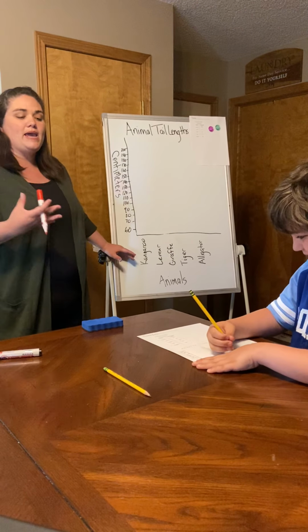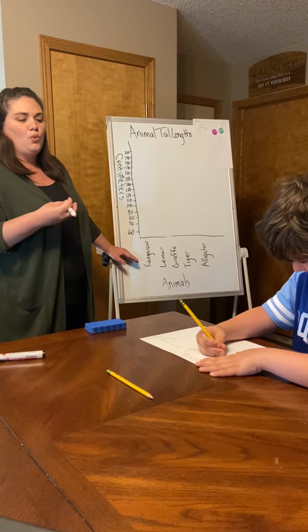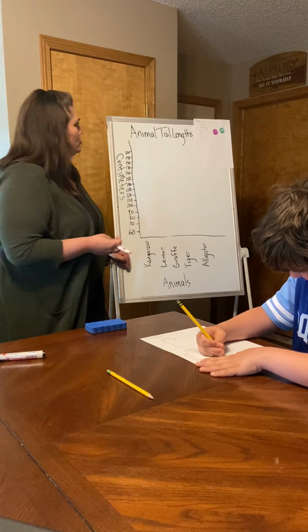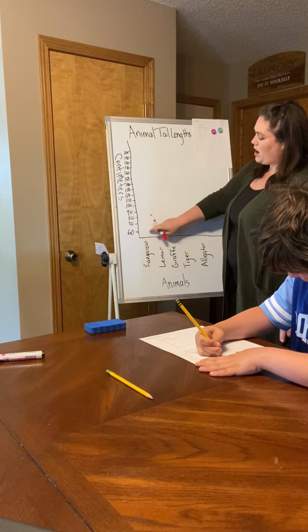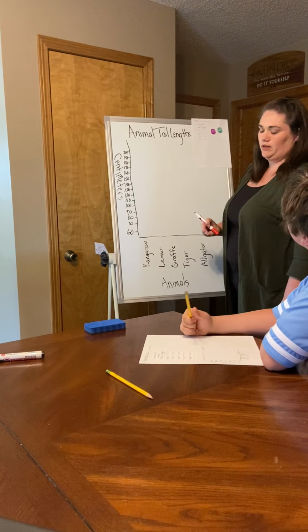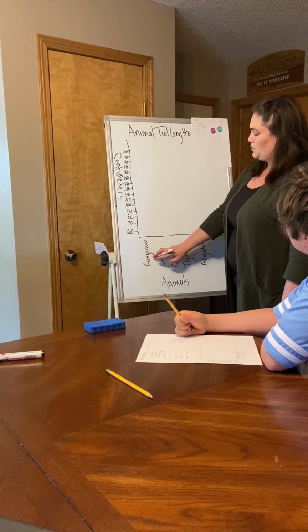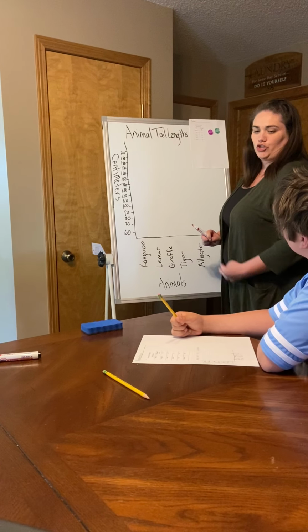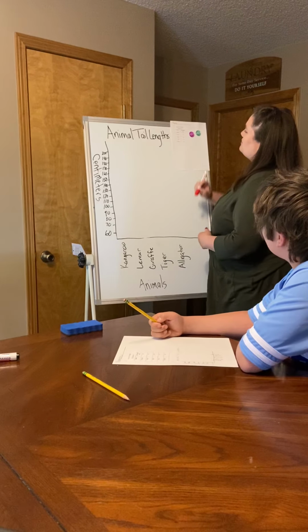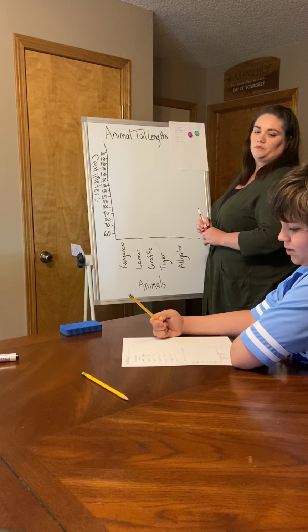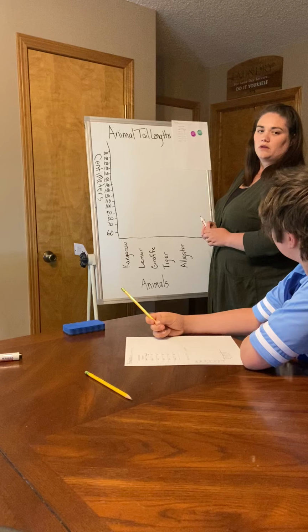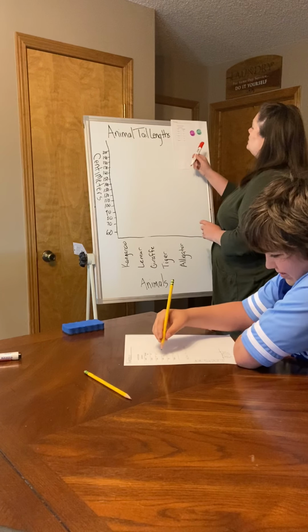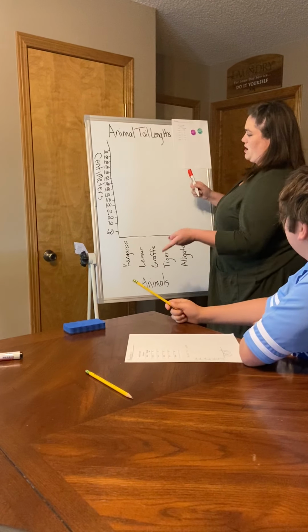Now, to make our bar graph, what we are going to do is use the data in our box to show how high we need to make our column. So, I see that kangaroo is my first animal. How many centimeters is his tail length? Wait, 100.